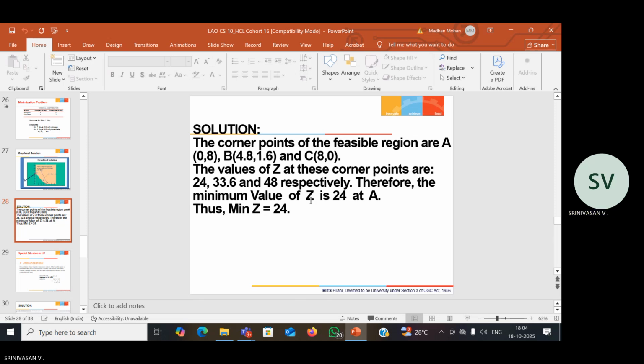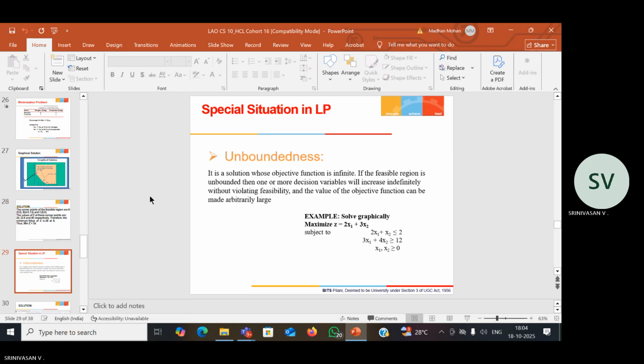So now, unboundedness. Now, is there any possibility, what I touched on in the beginning itself, that infeasibility? There can be a problem which has no solution. Yes, we have seen, isn't it?